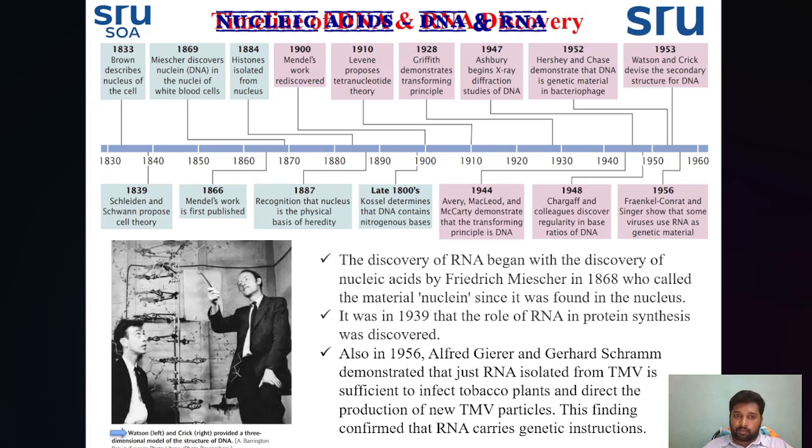We came to know that 1868-69 is the era where DNA and RNA discovery started with the help of Frederick Miescher's experiments. He found that material called nuclein. Okay, this is about the timeline of DNA and RNA discovery. Let us go to the next slide.